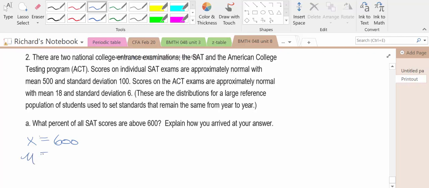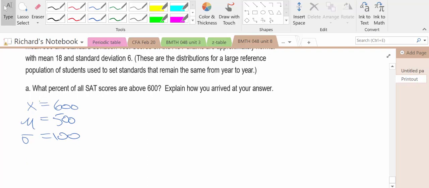The mean is 500, and the standard deviation is 100. So I want to find a Z value or a Z-score. That's going to be equal to the value, take away the mean, and divide it by the standard deviation.